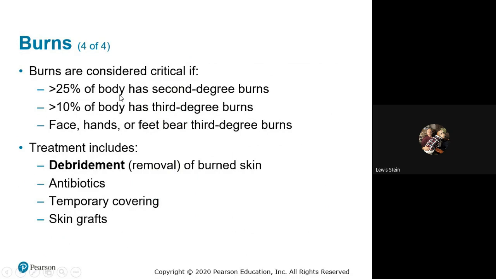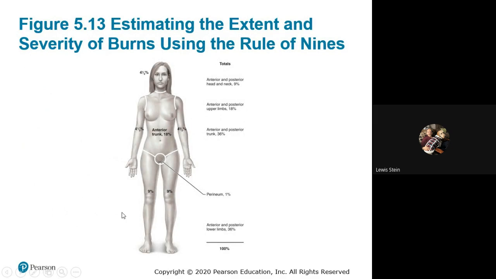So 25% of the body, based on the criteria you're going to see, will be critical, which means burn center. 10% third degree, don't need a lot. Face, hands, feet, as I said, genitalia. We remove the dead skin, topical agents, tons of stuff for pain, temporary coverings, and here's the criteria.